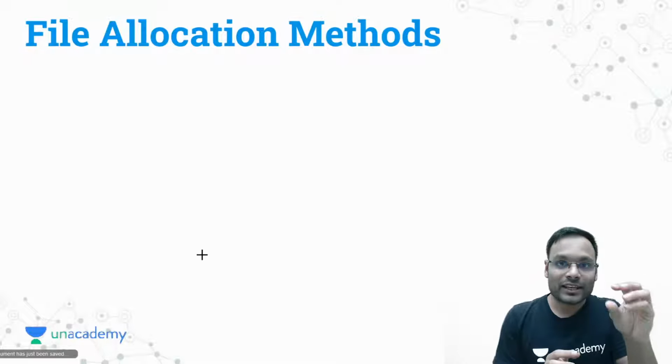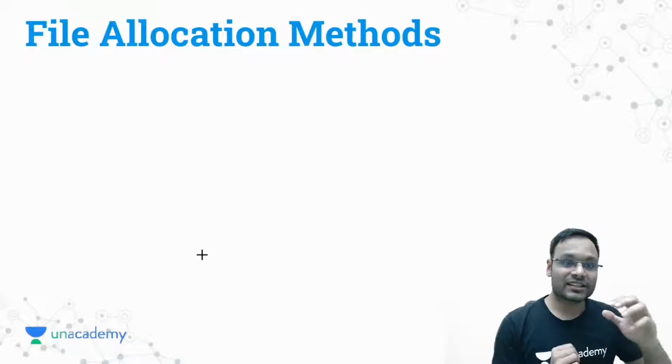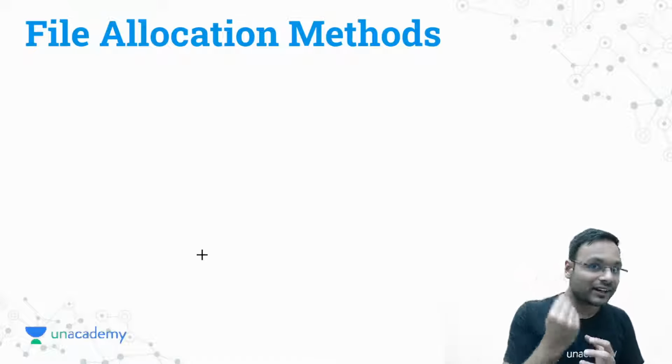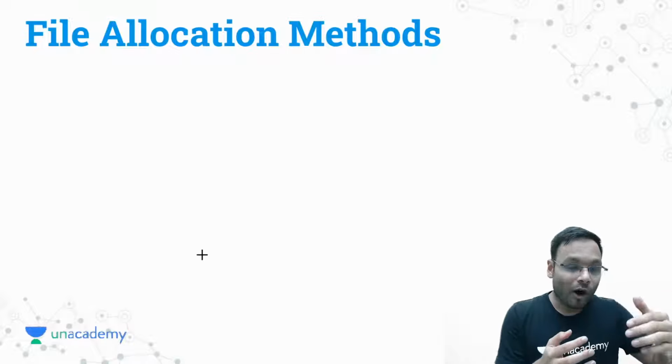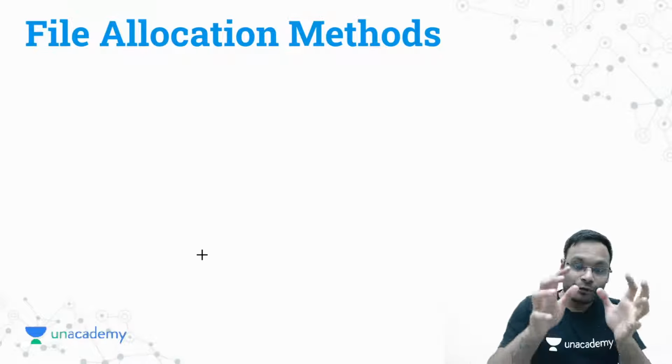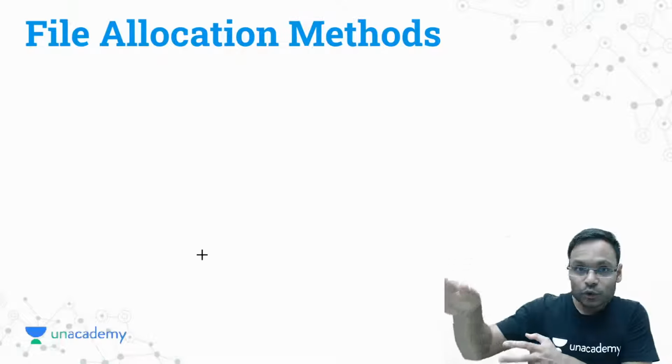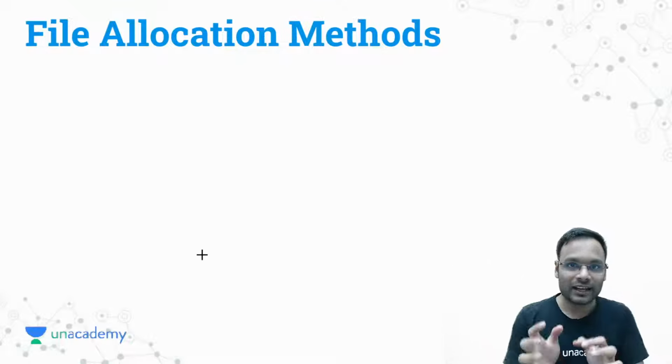Suppose a block is 1 kilobyte but the file size is 4 kilobytes. 4 blocks are needed to store the file. Which 4 blocks are used to store this particular file?